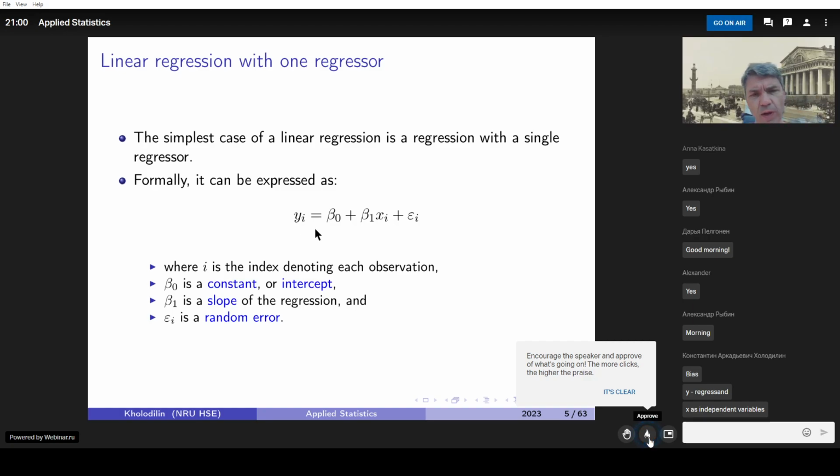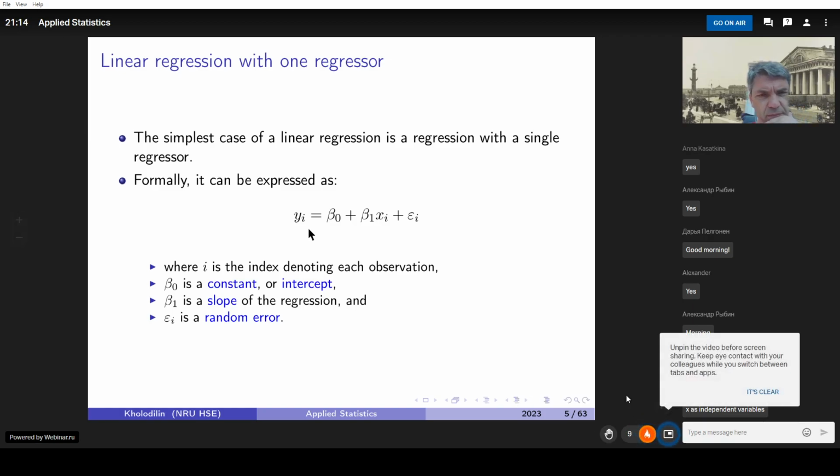Okay, so for example, we have 200 persons with the income of each of these persons, and if we have the sample, then each person gets his or her index in this sample, which is a unique index.